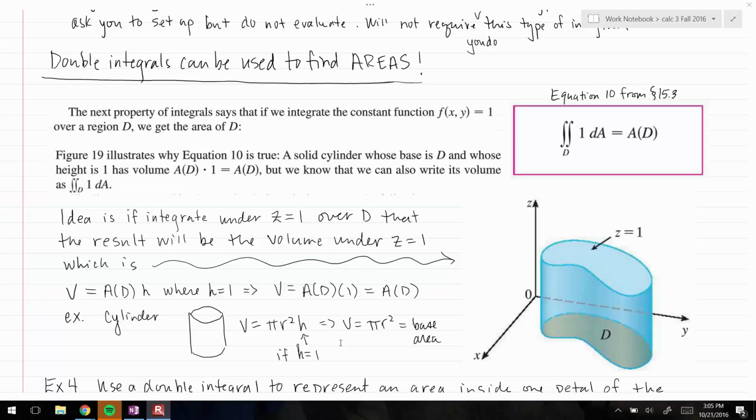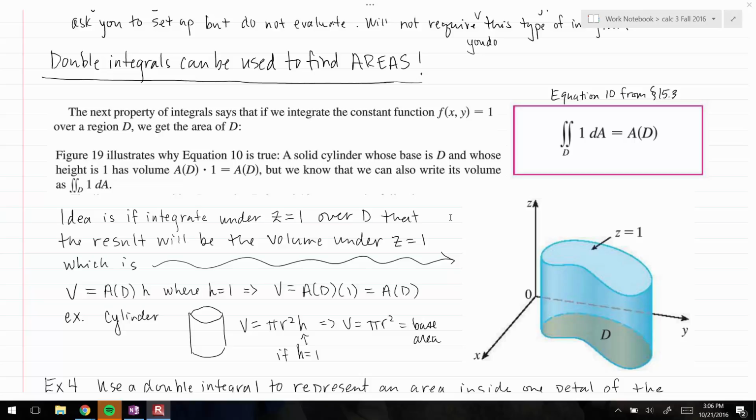But if you let your height equal 1, then the volume would be pi r squared, which is exactly the equation for the base area, the area of the circle. Because when we have z equals 1, we can think of this as having unit height, and that volume, as depicted in this figure from your book, is pi r squared. Noticing that it's always equal to the base area, we can use that to find the area of the base.